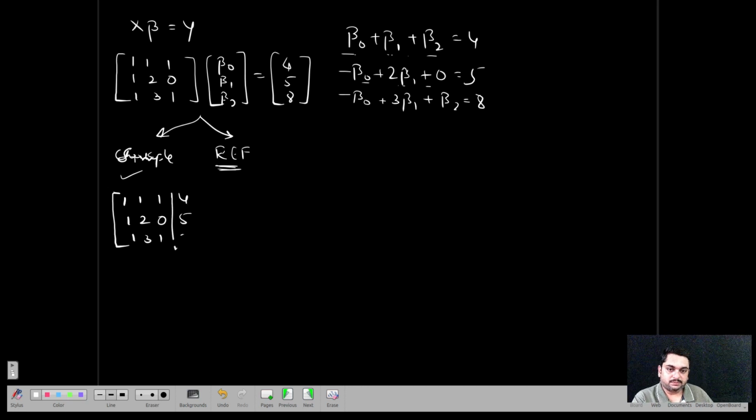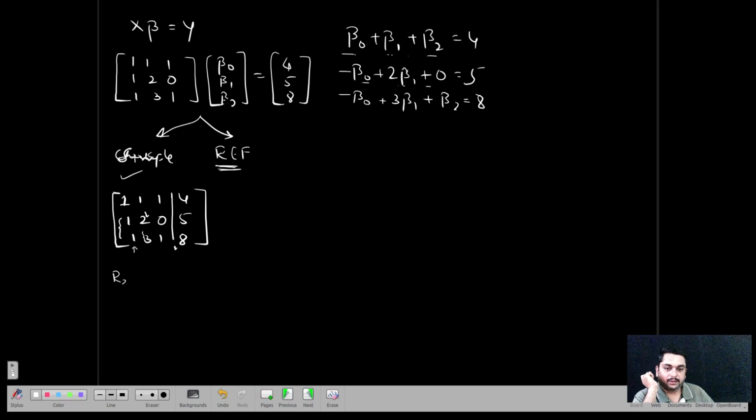This is my augmented matrix. Now, what the row echelon form says is, if this first one is my pivot element, then the elements below it should be zeros. So now you try to convert this first one to 0.